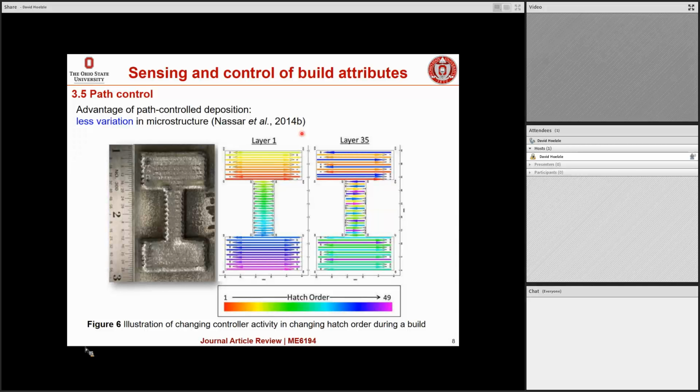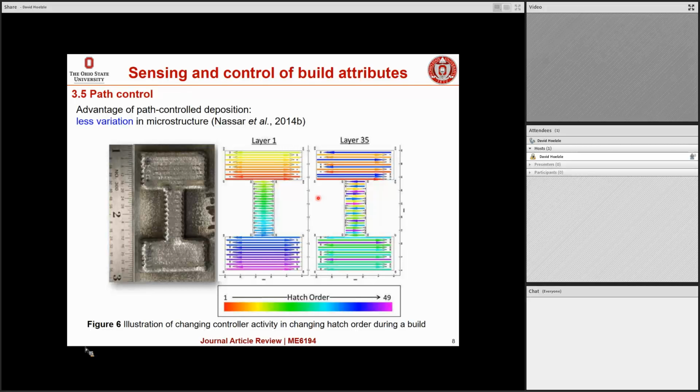The procedure is that before depositing each hatch, the system will measure the substrate temperature first. If the temperature exceeds a certain point, the hatch will be skipped until later, and the next programmed hatch will be processed first.